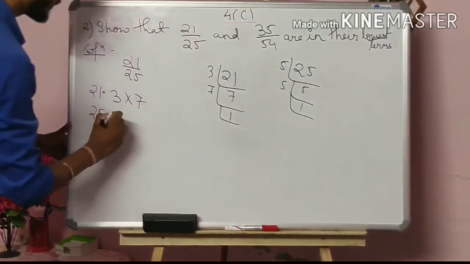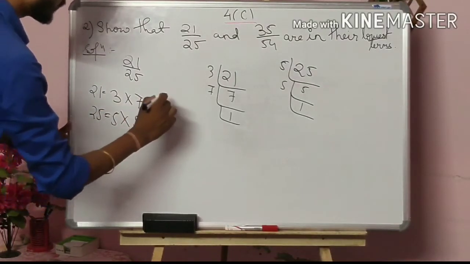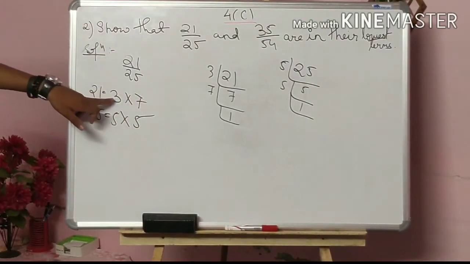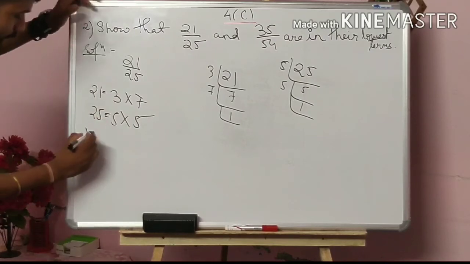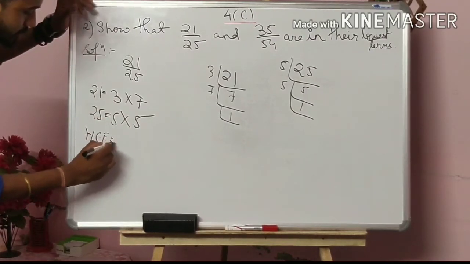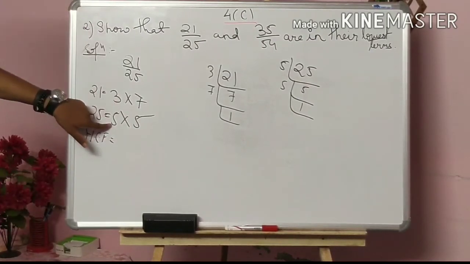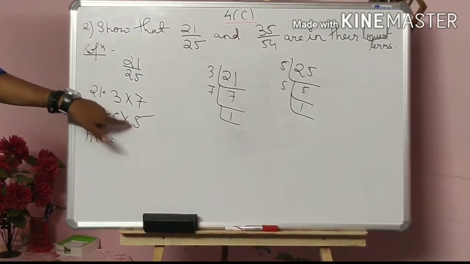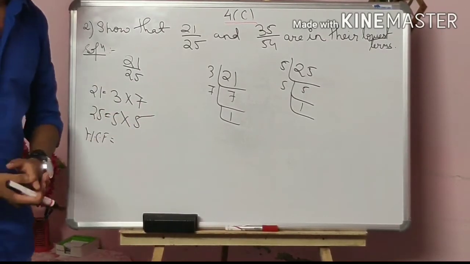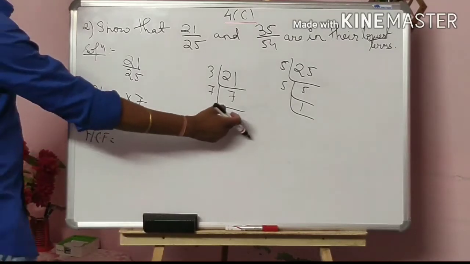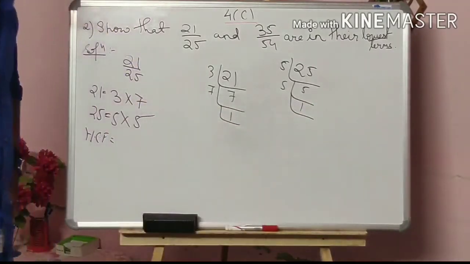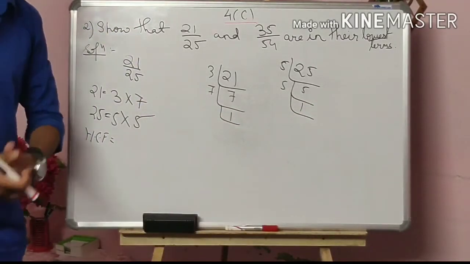So 5 into 5. Now find the HCF here. 3 and 7 are here, 5 and 5 are here. No common numbers I can see here. That means the only common number is 1. So our HCF was exactly 1.